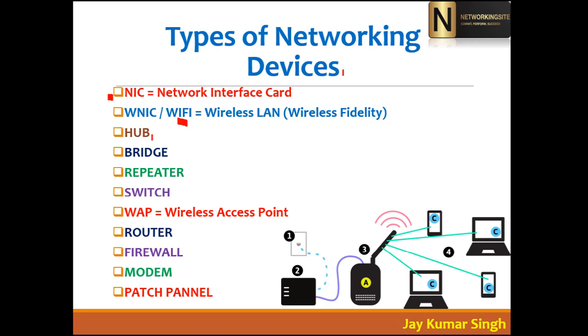Hub was the first centralized device, but nowadays we are not using it. Bridge is also a networking device, but we are not using it. Then repeater, switch, wireless access point, router, firewall, modem, and patch panel. These are some common and important networking devices which are used in our organizations.